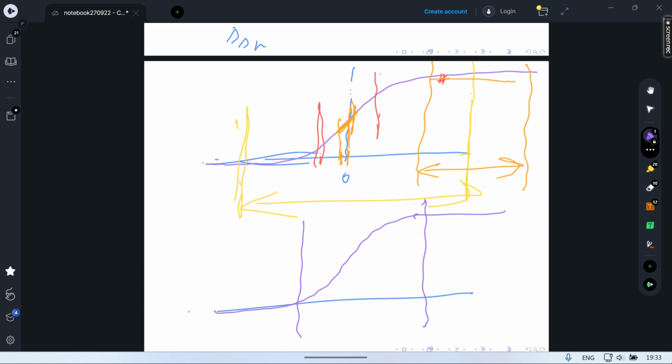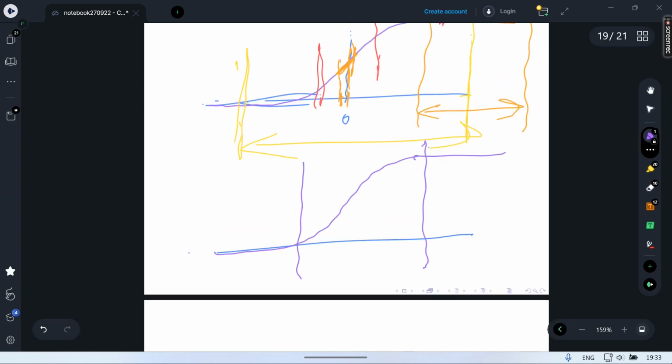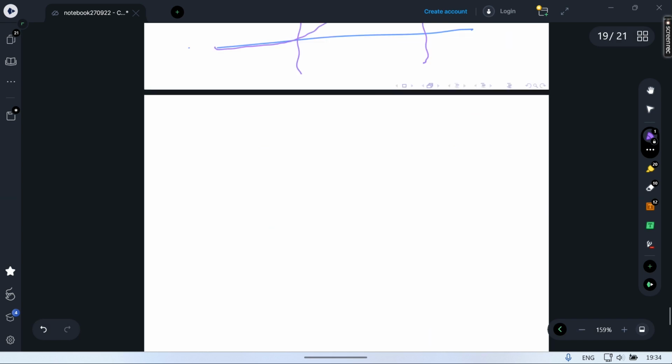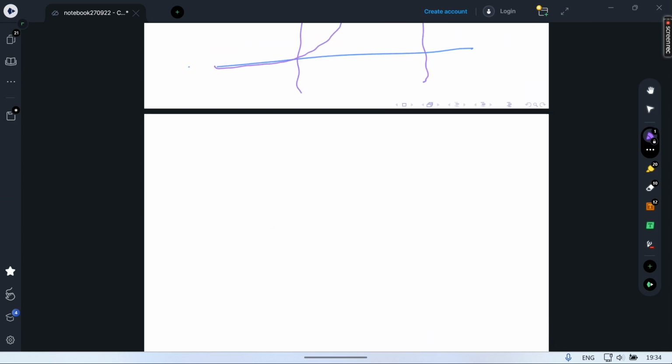So it's very helpful to tackle the vanishing and exploding gradient. So this is basically tackling the vanishing and exploding gradient problem using batch normalization.